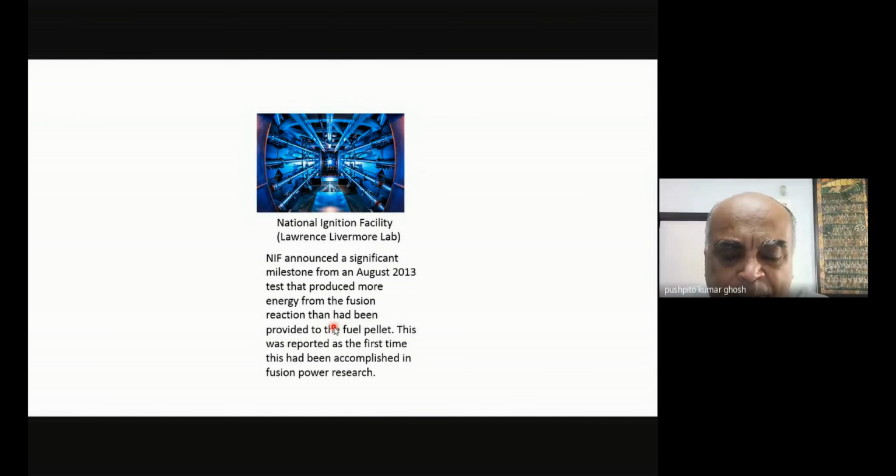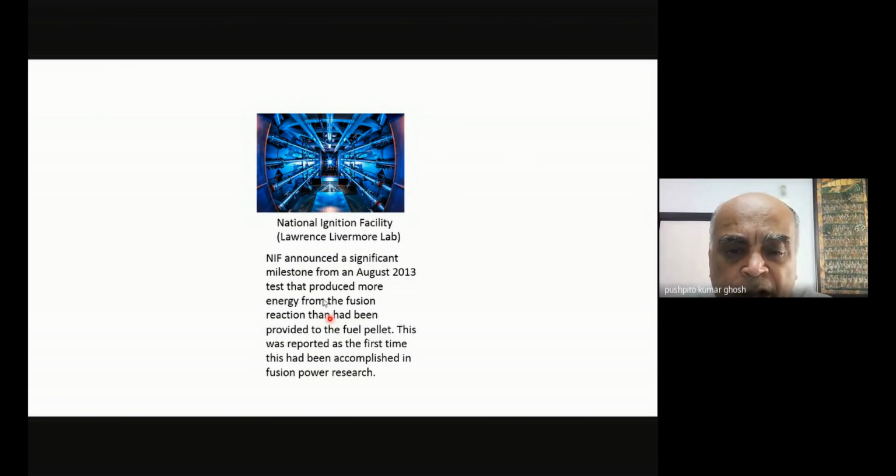They are making a pellet of hydrogen, and then, believe it or not, 160 of the highest powered lasers in the world, at the same second, hit that pellet. It creates massive amounts of energy in a tiny amount of space, and that is what induces the fusion.